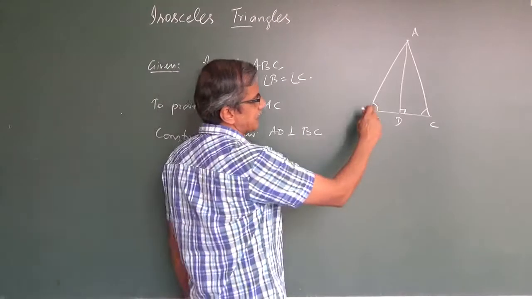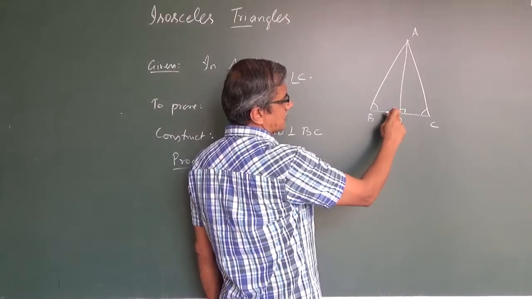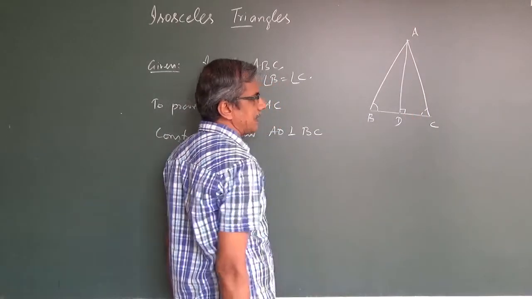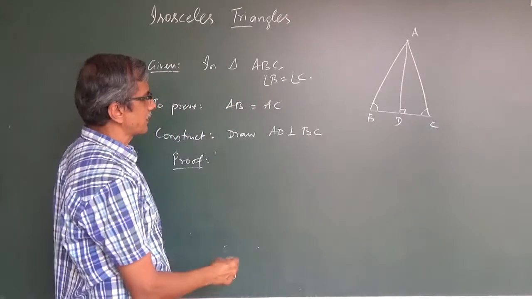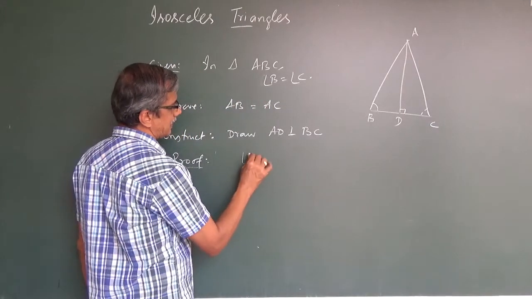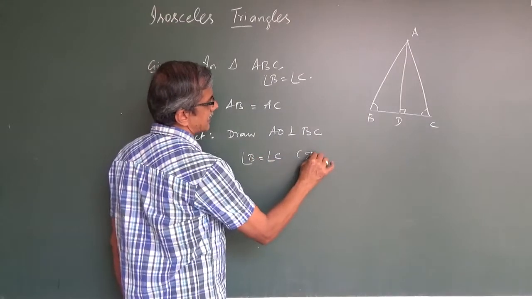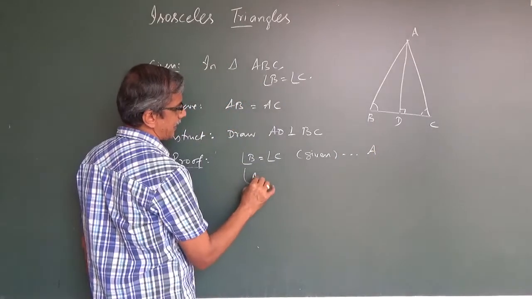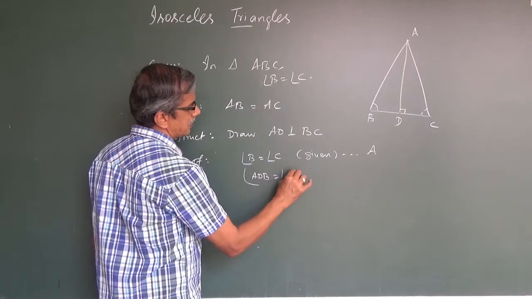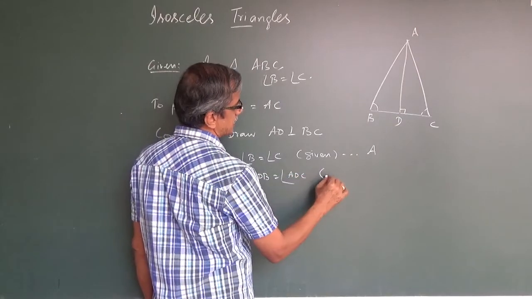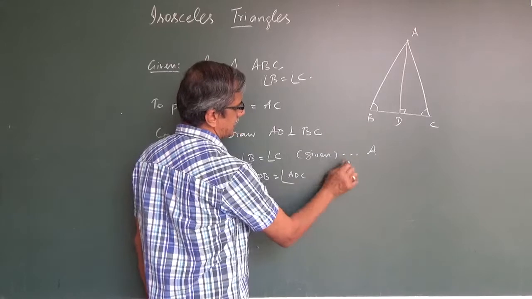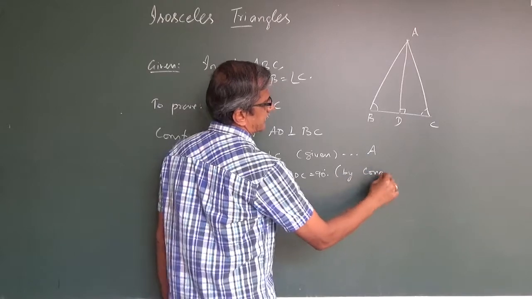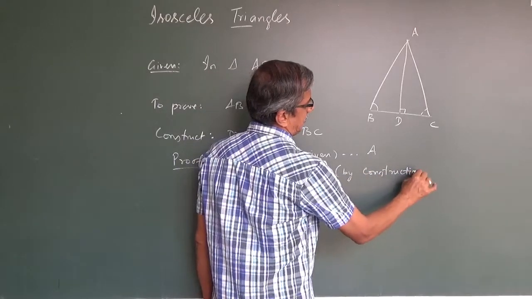Now we write the proof of this theorem. Here this is 90 degrees, this is also 90 degrees. So by angle side, the two triangles are congruent. We write: angle B is equal to angle C, given. Angle ADB is equal to angle ADC, each 90 degrees by construction.